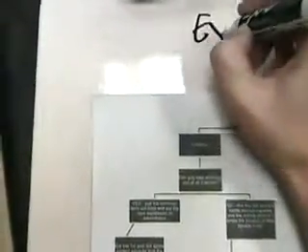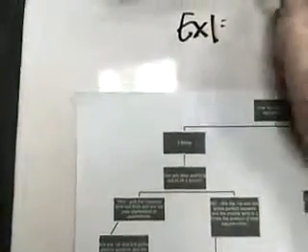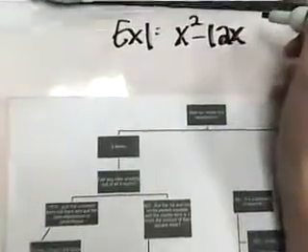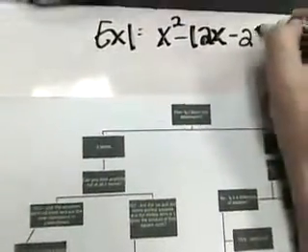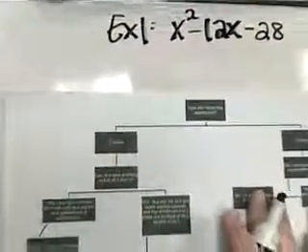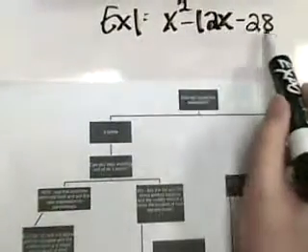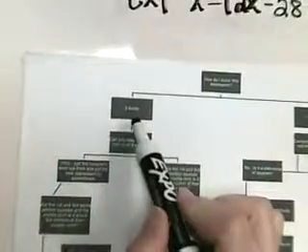Okay, all right, so let's just try some of this. Example 1 on page 256 gives me x squared minus 12x minus 28. If I look at my factor sheet, how do I factor this expression? There are 1, 2, 3 terms, so I'm going down this side.